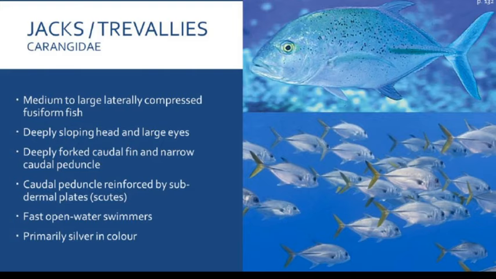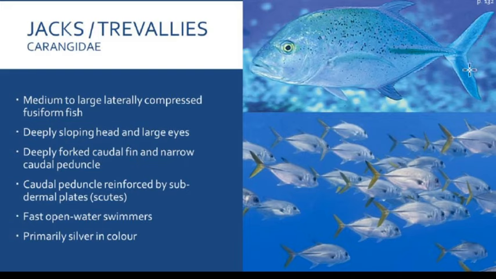They've got quite a deeply sloping head. They've got big eyes because they're more of an open water hunter, so they want to be able to see really well. The main distinguishing characteristic of our jacks, trevallies, and kingfish is that deeply forked tail. So you can see that they are really built for speed.